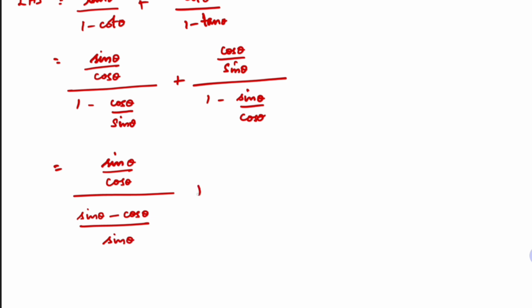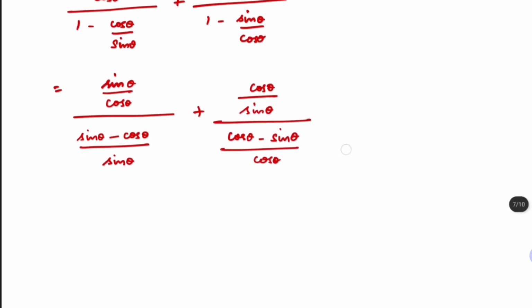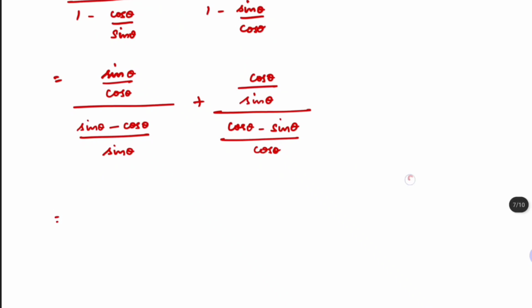Similarly, the next term, cos theta by sin theta, the whole divided by, taking cos theta as common denominator, cos theta minus sin theta divided by cos theta. This equation is in the form of a by b divided by c by d. This can be written as a by b into d by c.